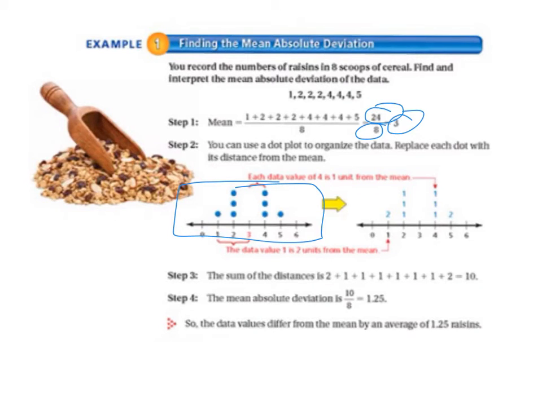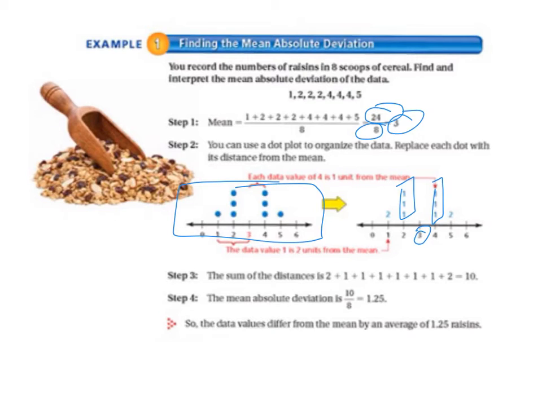So 4 is 1 away from the mean, which remember the mean was 3. So instead of dots for 4, you put 1, 1, 1. 2 is 1 away from the mean. So instead of dots for the 2's, you put 1, 1, 1. So that's what we're looking at there.